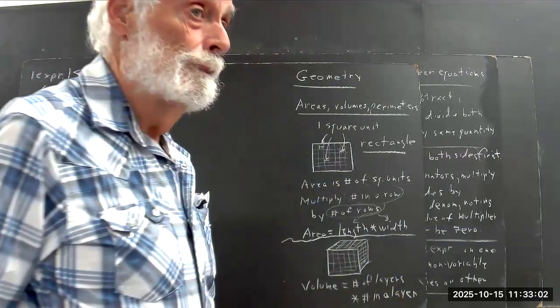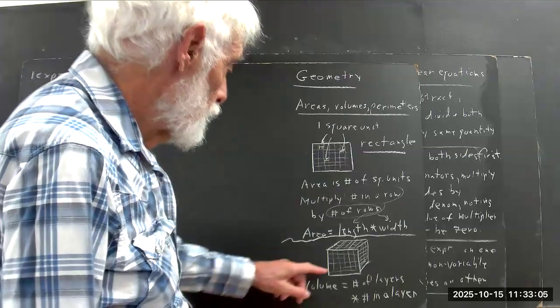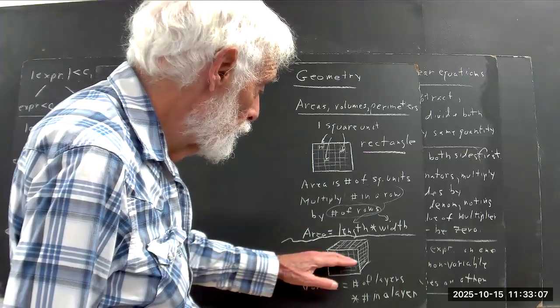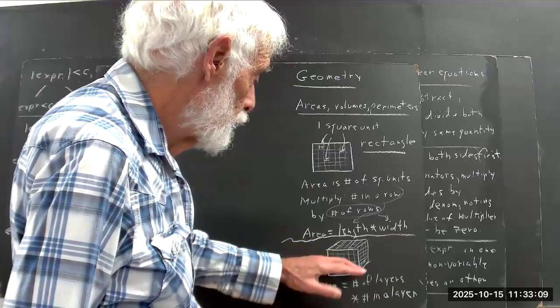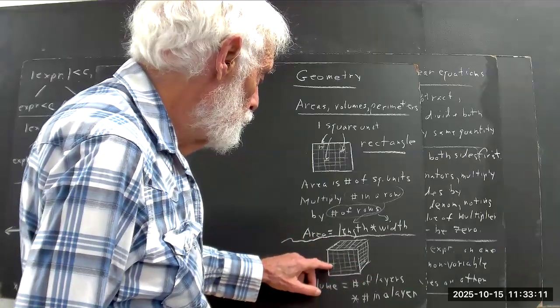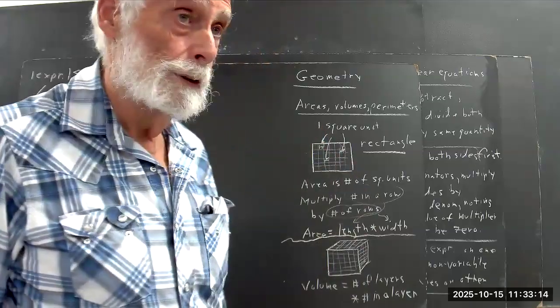Does that make sense? And you got a layer here, a layer here, a layer here, a layer here, here, and here. So you got 1, 2, 3, 4, 5, 6 layers in this case.